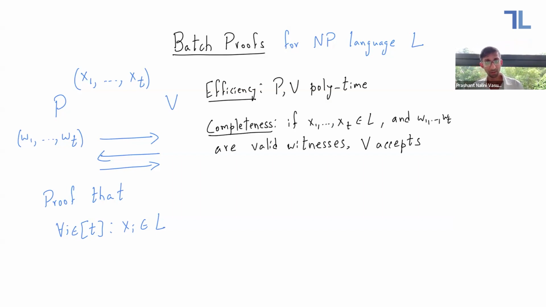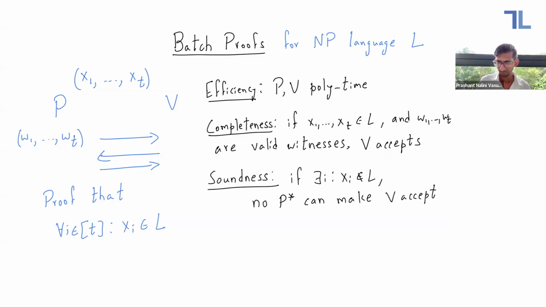And I'm going to ask for completeness and soundness properties as usual, except that completeness has to capture the fact that all of the instances are yes instances. Because the prover is efficient as well, I'm going to be a bit more relaxed in my definition of completeness. I'm going to say if all of the inputs are in the language and all of the witnesses the prover was given were valid witnesses for the corresponding instances, then at the end of the protocol, the verifier accepts.